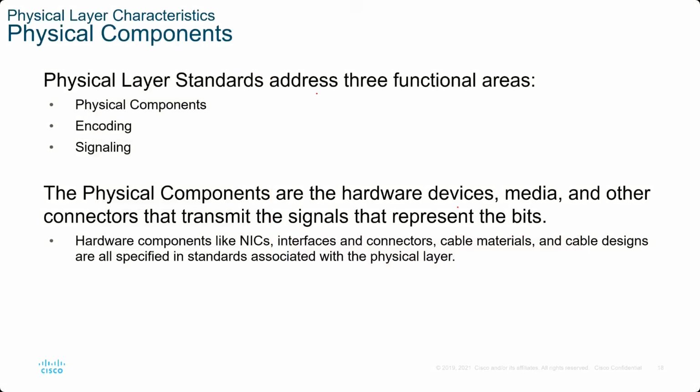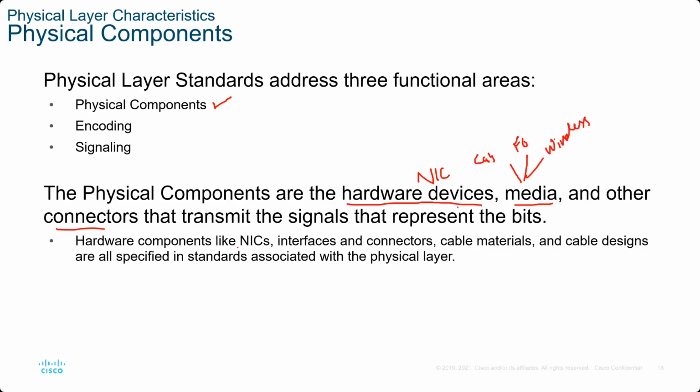Physical layer standards address three functional areas. It addresses the physical components, which is what we have been talking about so far. The physical components are the hardware devices, like the NIC itself, the media, meaning cable, fiber optic, and wireless medium, and other connectors that transmit the signals that represent the bits.